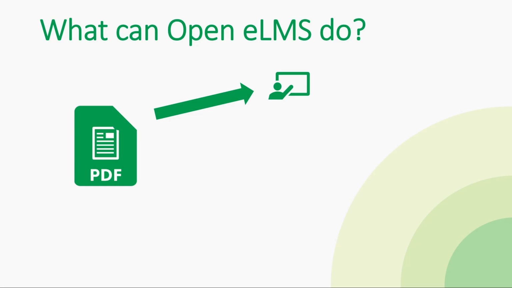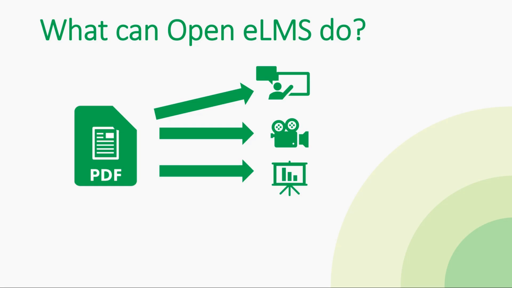So there's some level of interactivity. It gives a full narration to that training course. It then also produces a training video, a PowerPoint, and if you like, also a podcast. And when you have done all that, it can convert it into any other language with a couple of mouse clicks.